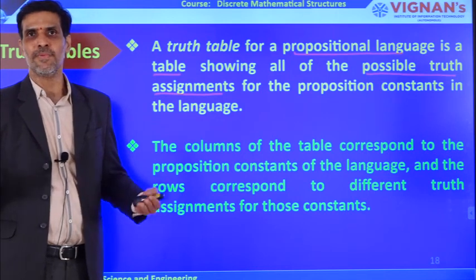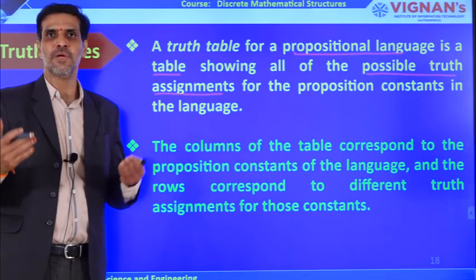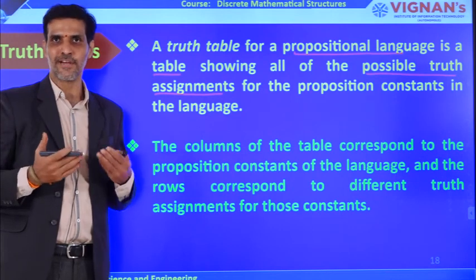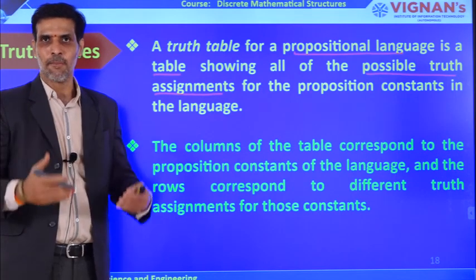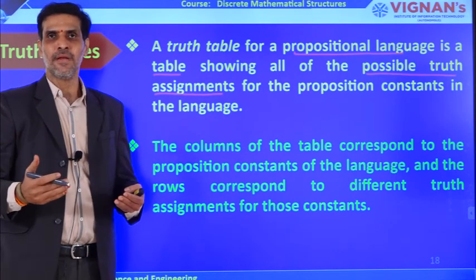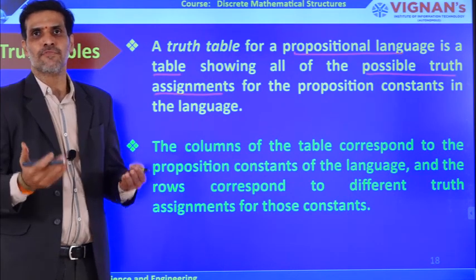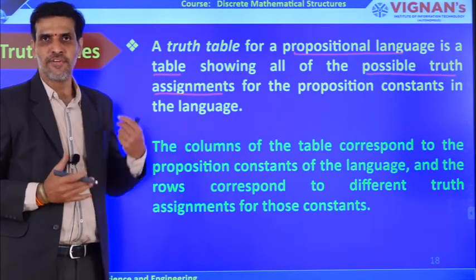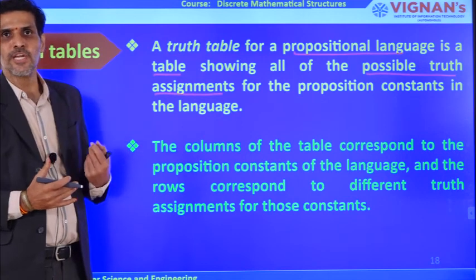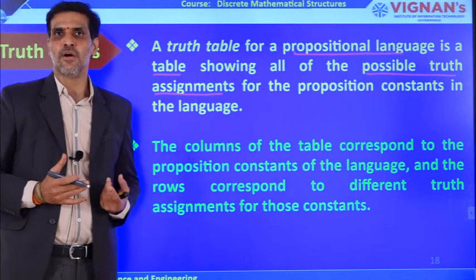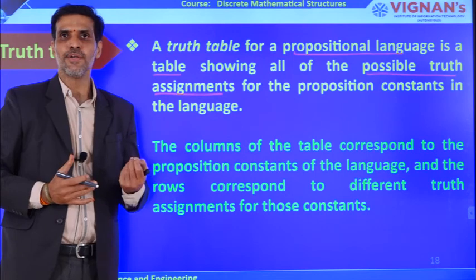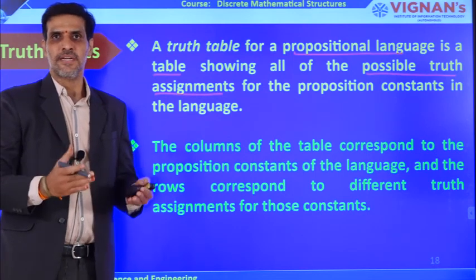If you take the combinations of the truth values of each individual atomic sentence and combine them, to get the truth value of that compound sentence, we have to use the truth table of the particular logical connectivity with which you have combined those sentences.